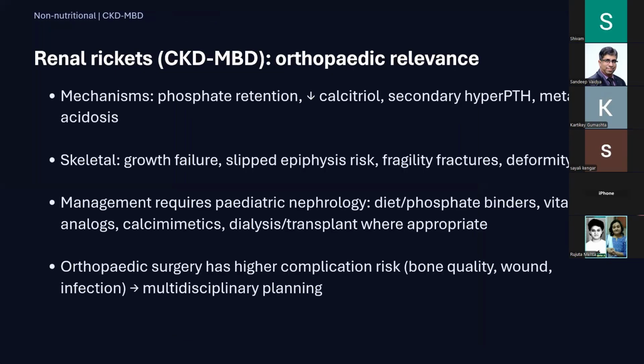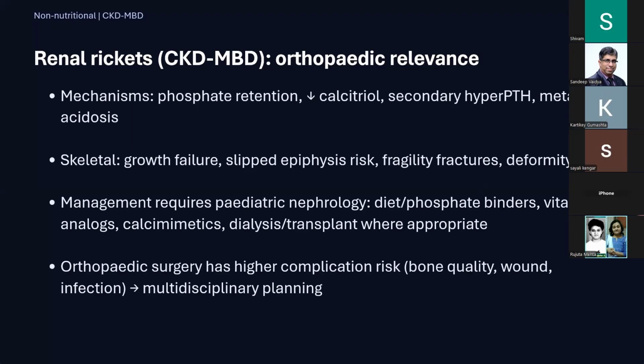Coming to renal rickets, the mechanism: we can see there is phosphate retention, reduced calcitriol, and secondary hyperparathyroidism. Metabolic acidosis can also be seen. This causes growth failure, and sometimes there is also slippage of the epiphysis.